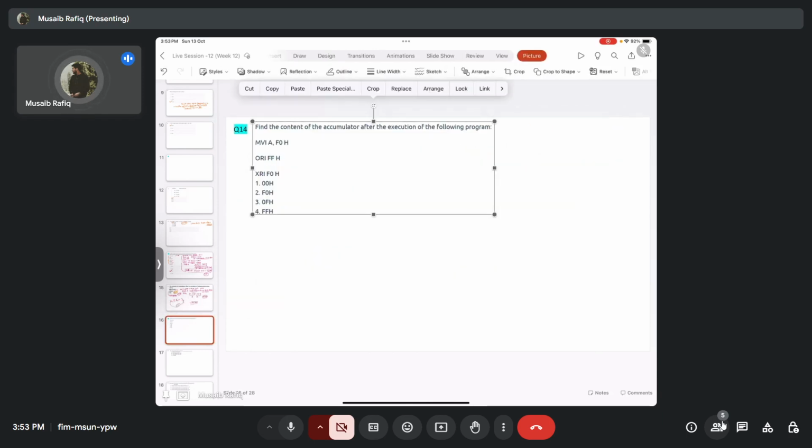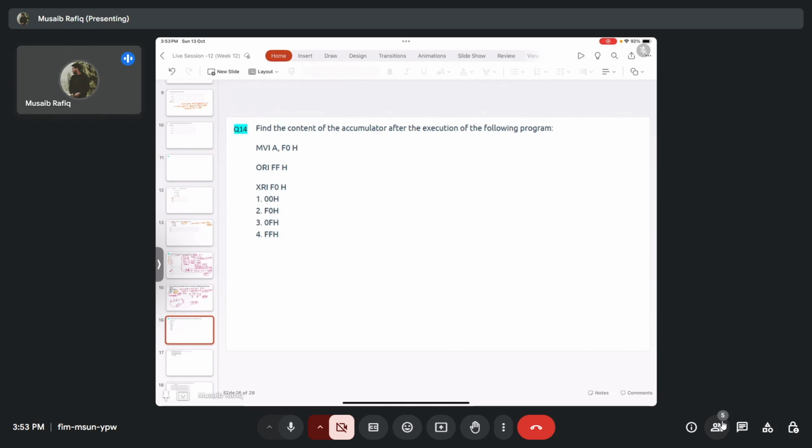Now I have question 14. I would like you guys to solve first and tell me the answer in the chat box. So find the contents of the accumulator after the execution of the following program.